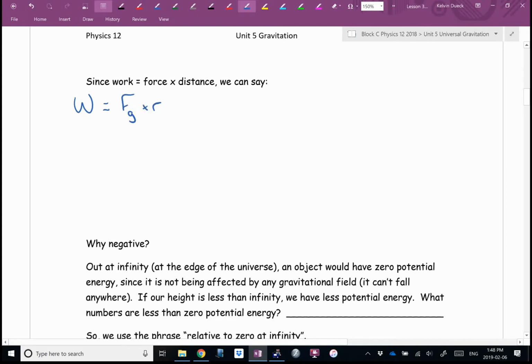That's going to be big G, big M, little m over r squared times r. Oh, what? R cubed? I don't think so. I don't have an equal sign here. I think actually one of the r's cancels.